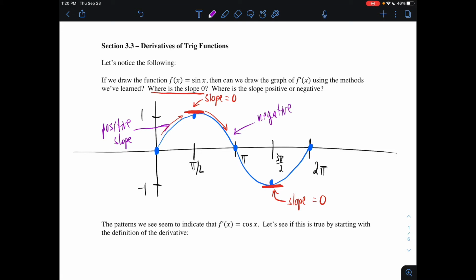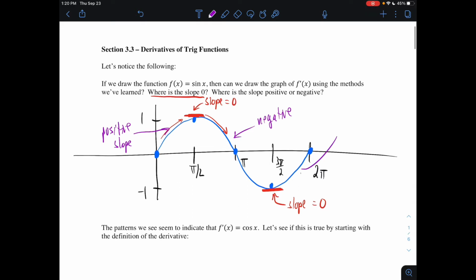And you can think that it starts at a small negative value, something close to 0, then increases to a highest negative value, and then goes back down closer to 0 again, because then it transitions in the interval 3 pi over 2 to 2 pi to a positive slope again.